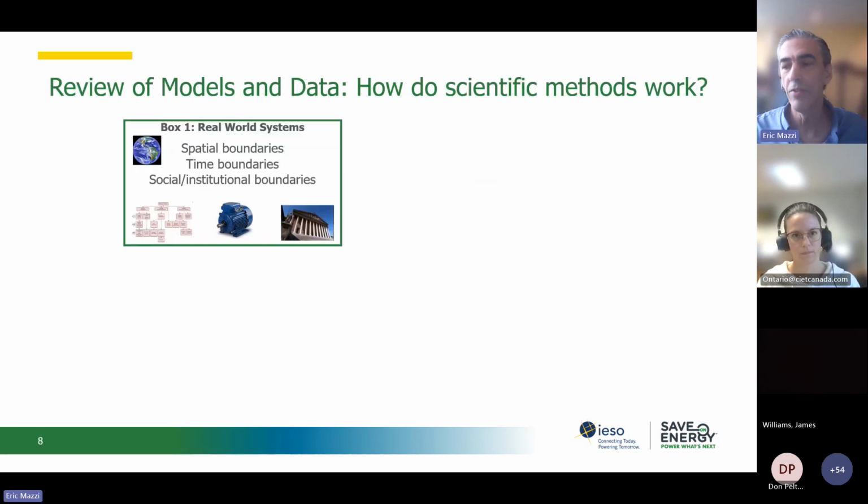So we're talking about models and data in IPMVP option D, using computer simulation models. I'm going to do a very quick basic review of what's the difference between models and data. And we're really just talking basic science here.